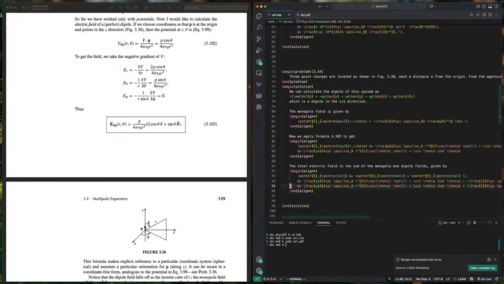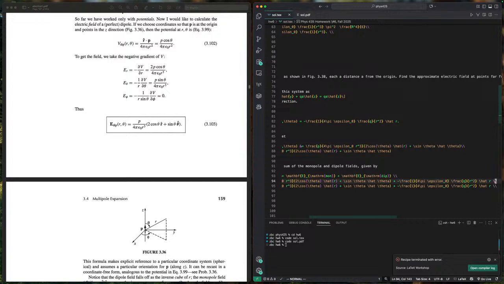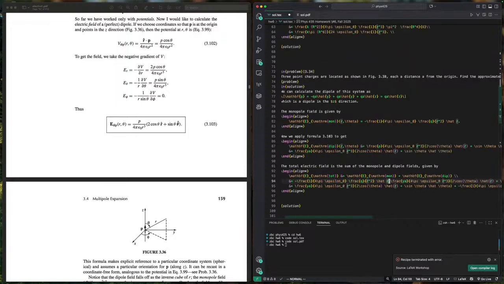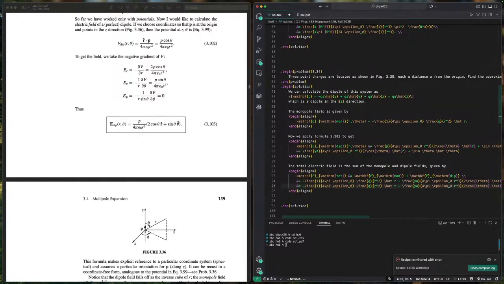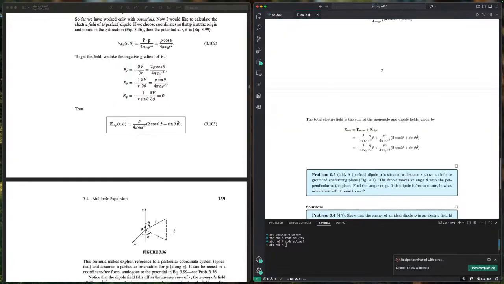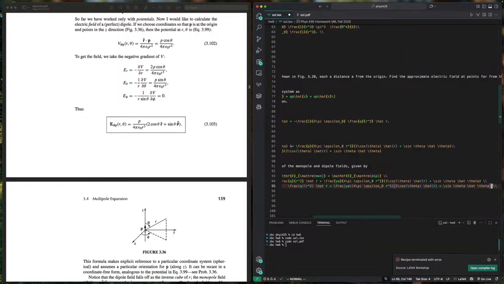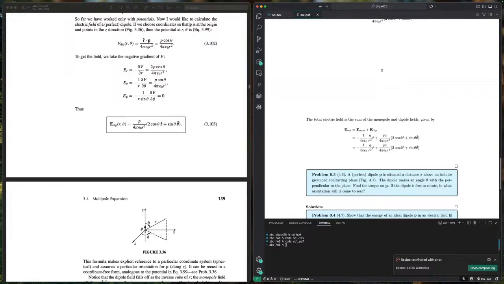Okay, first off, I should rearrange like this, and then just absorb everything. So that would mean, what would that mean? So we first take out the 4 pi epsilon naught, and then we just include everything in brackets.